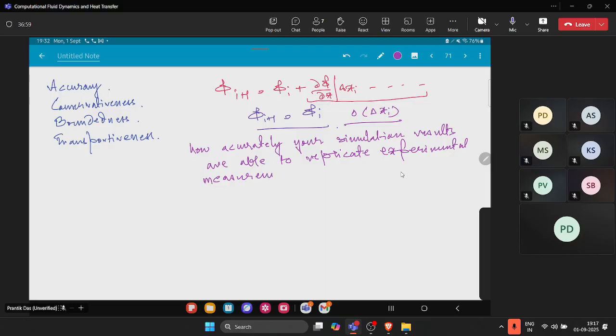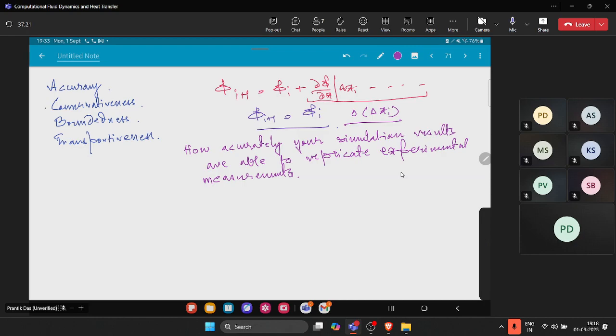For example, if you are doing a simulation with wrong models and also with a poor grid, you will not be able to replicate the experimental data. So this is another form of accuracy.